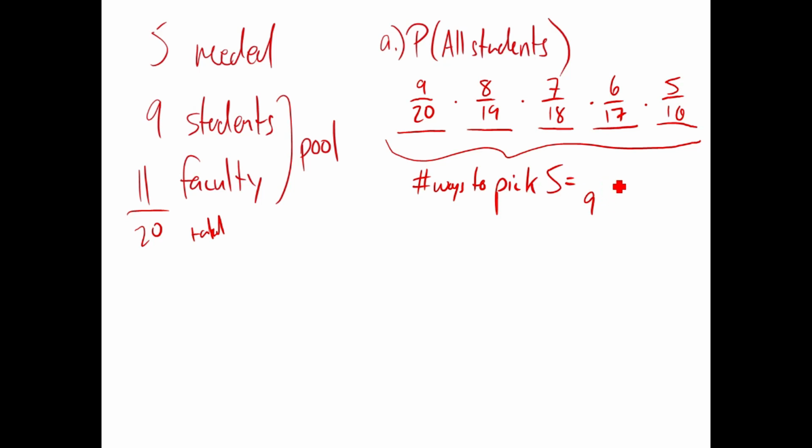Well, there's 9 students and we need 5 of them. So we would have to take that probability but multiply it by all the different potential samples. So you could potentially work it out this way, where you would take this product. If you multiply all those decimals out, you're going to get a small number, right? Then you'd have to also turn around and multiply it by this right here, whatever 9C5 is.